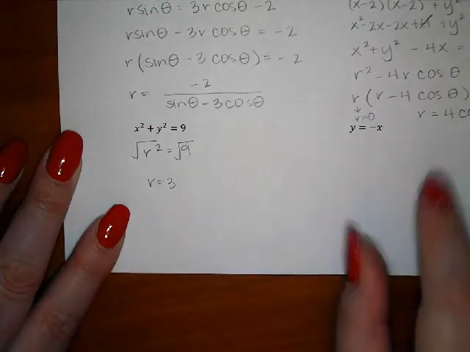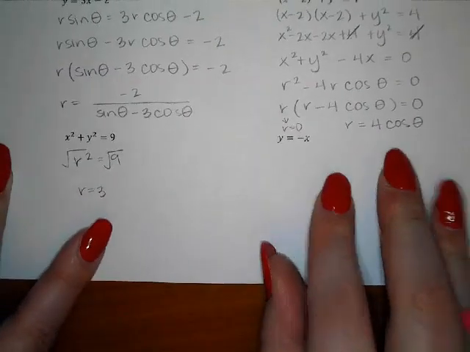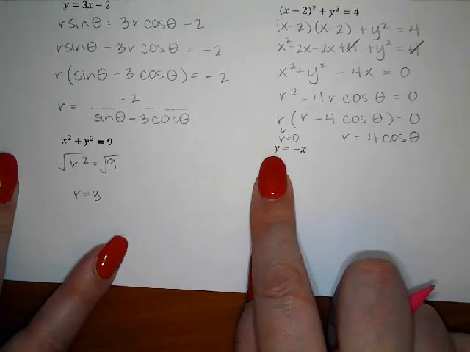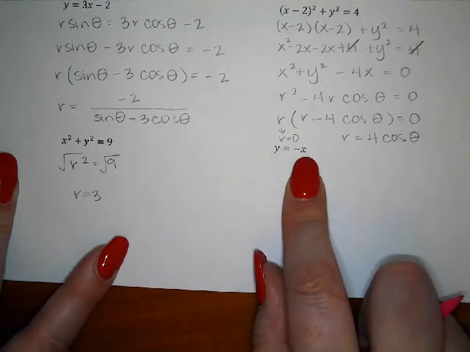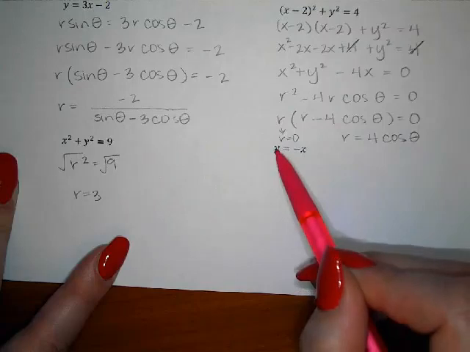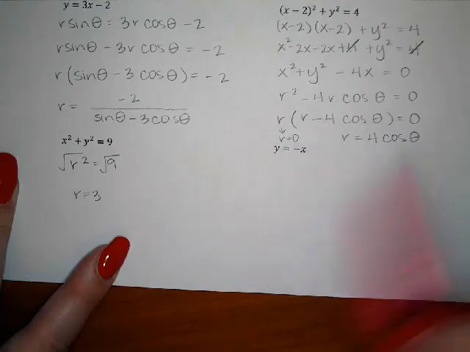All right, for this one, I could replace y with r sine theta. I could replace x with r cos theta, but this one is a little bit easier if instead of doing those separately, I just look at what would happen if I do y divided by x. And you'd get there if you did it the other way, but this way is going to be a little faster.